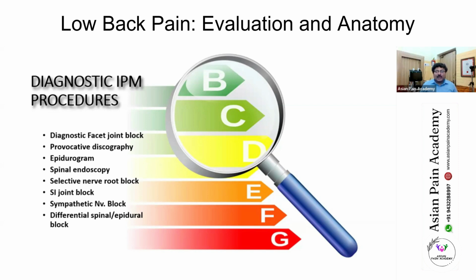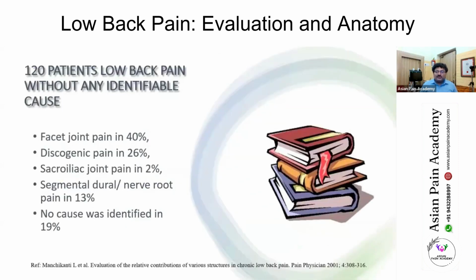Now, in those 5 to 6% of patients, when these diagnostic interventional procedures were performed to find out the cause of pain, it was found that facet joint pain accounts for 40% of those patients. Discogenic pain contributes around 26%.